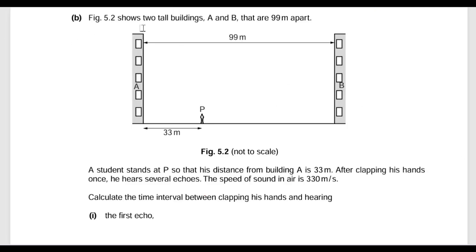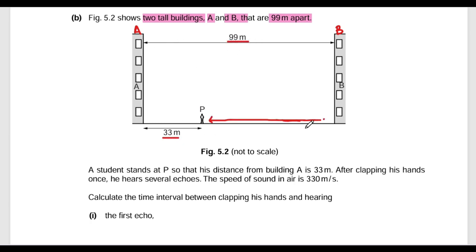Next question is saying figure 5.2 shows two tall buildings A and B that are 99 meters apart. So there are two buildings, building A, which is this side, and building B, which is here, and there is 99 meters of distance between both of the buildings.